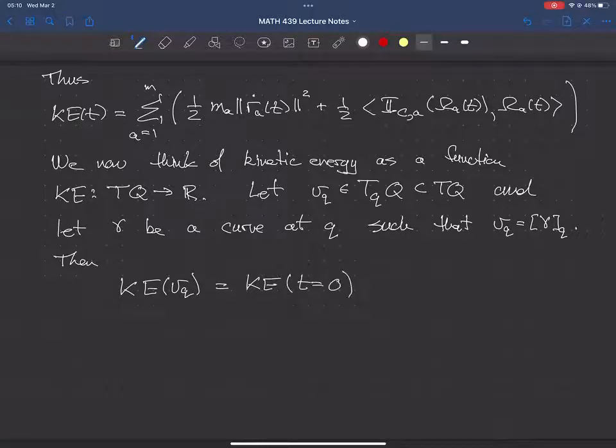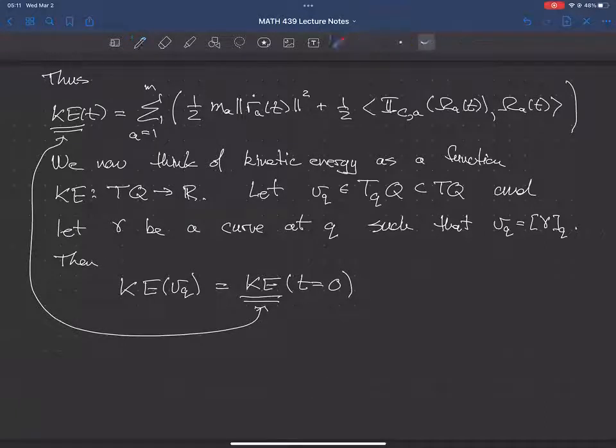So I'm making a convenient abuse of notation here, and I'm using the symbol KE for two different things. This KE here is the thing I'm trying to define, which is a function on TQ. This KE here is a function of t that I've already talked about. So this is KE as a function of t, and this is KE as a function of VQ.